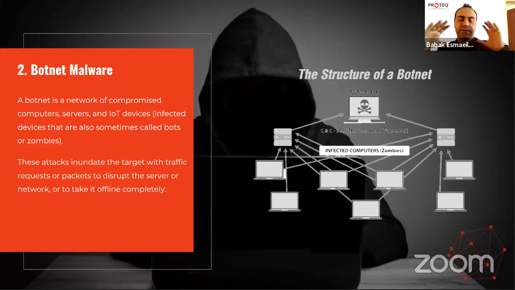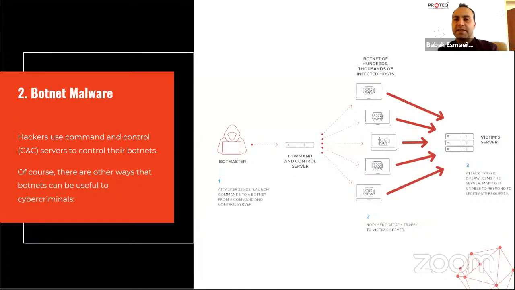After that, they use those systems in order to spam others and to hack other systems. So they cover their tracks this way, and they carry out different kinds of attacks, which we will explain later. We can call them DDoS attacks, for example.